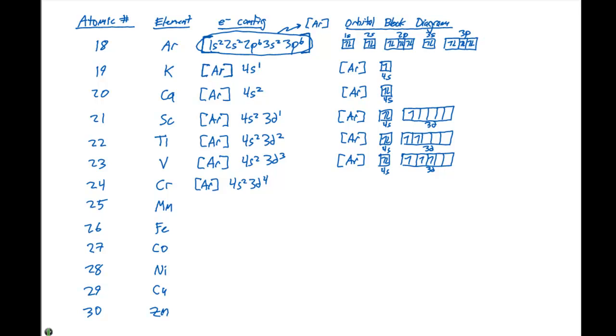And just when you think you have everything figured out and you're starting to do well in chemistry, we throw an exception at you, because this is not correct, and chromium is going to have an exception to the normal counting rules, or an anomalous electron configuration of 4s1 3d5. We can look at this based on the electron-electron repulsions, and the block diagram will give us a little more insight as to why this might be.